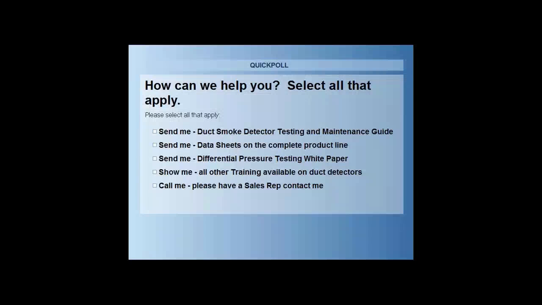Duct smoke detector maintenance, I think we talked about that a little bit, but the maintenance condition is when your duct smoke detector has drifted outside of its UL recognized sensitivity limits.